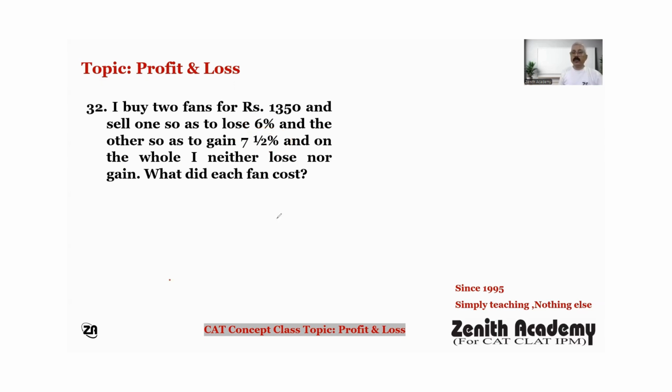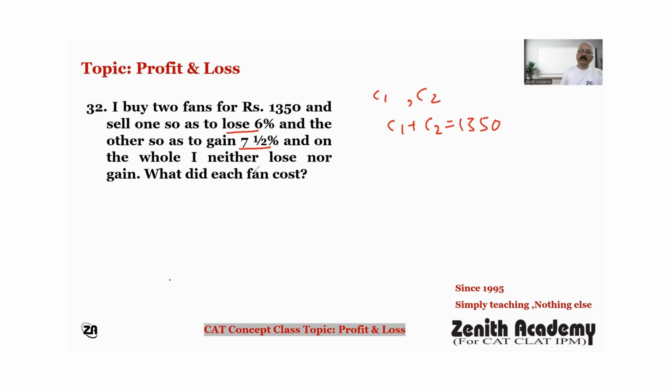And here, no loss, no gain. It suggests that loss amount is actually equal to the gain amount, right? So here, if the one is cost C1 and other is C2, so C1 plus C2 is equal to 1350 given.